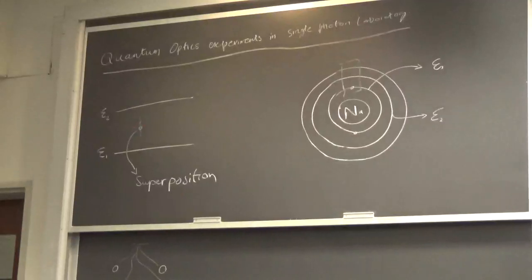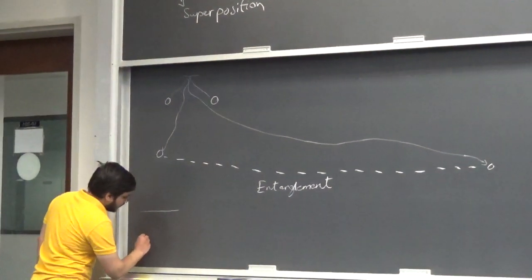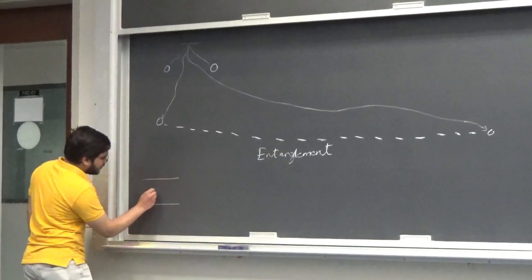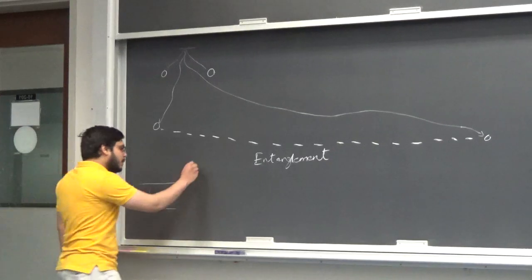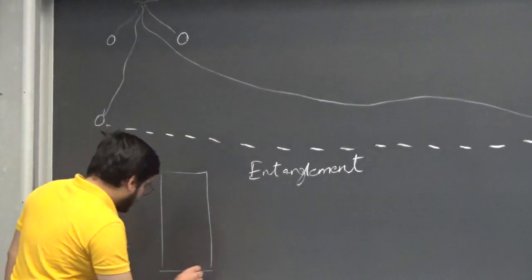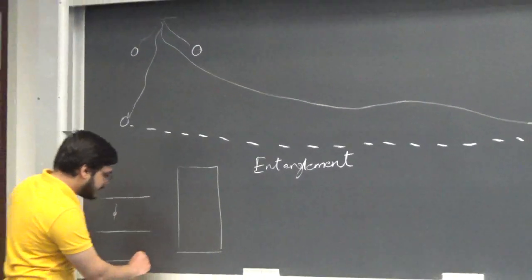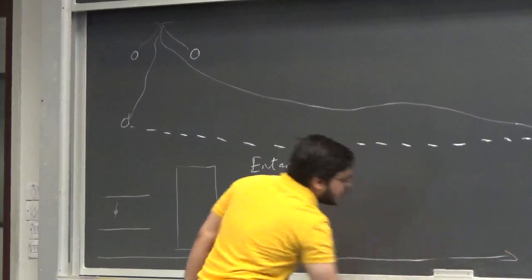Now, if there was a system with this electron lying somewhere in between, and I made a measurement on this system. This arrow here, right at the bottom, represents the time axis, you may want to see it that way.